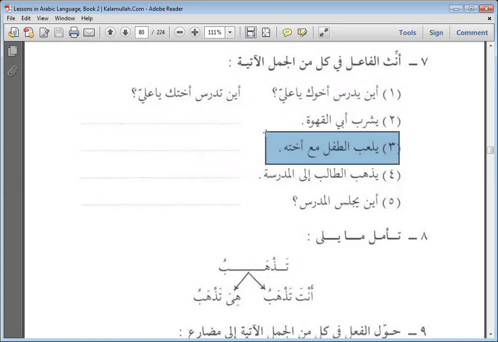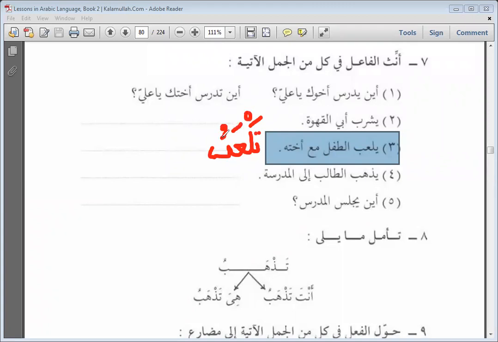Any other questions? Let's see if we could write. تلعب. How to write with the mouse.